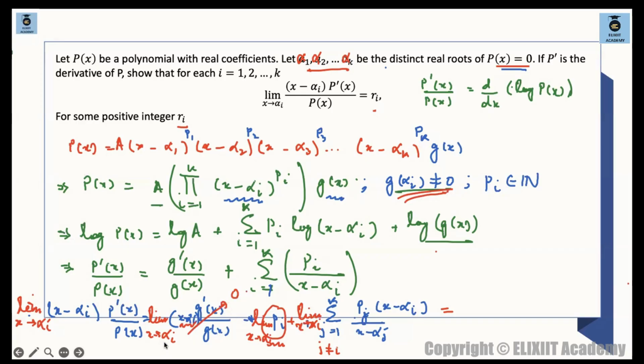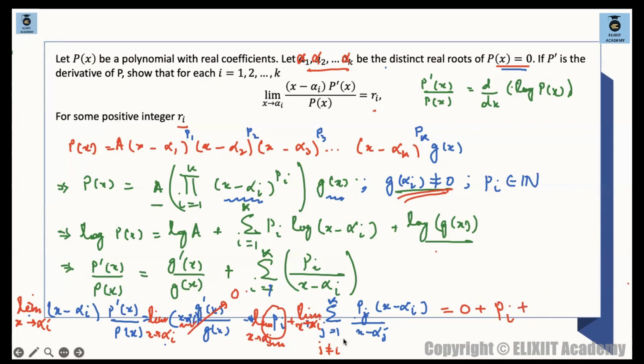As x tends to alpha i, x minus alpha i will tend to 0. Now this is just pi only, so it's 0 plus pi. It is independent of x, so this will be straight away pi plus.